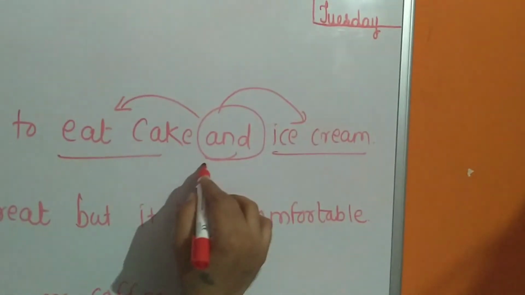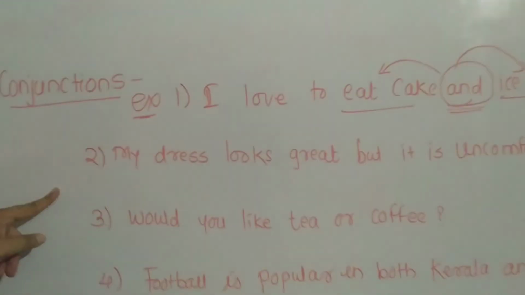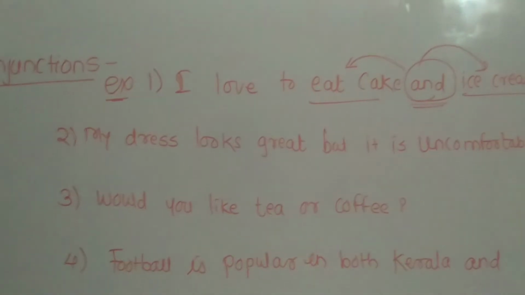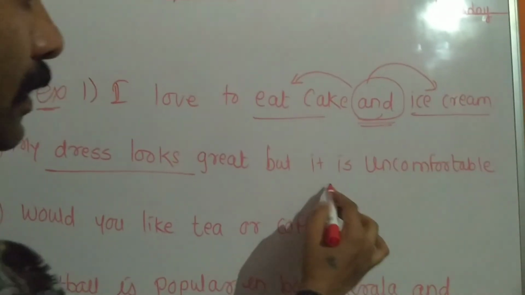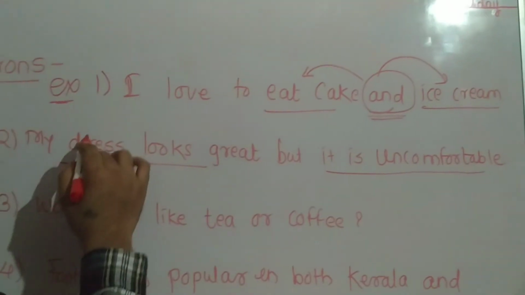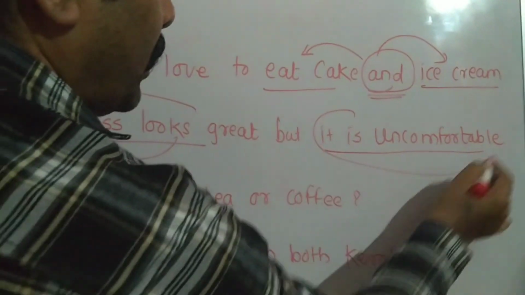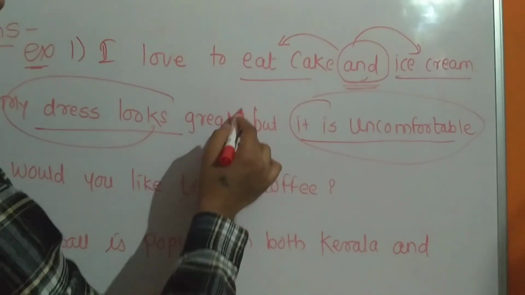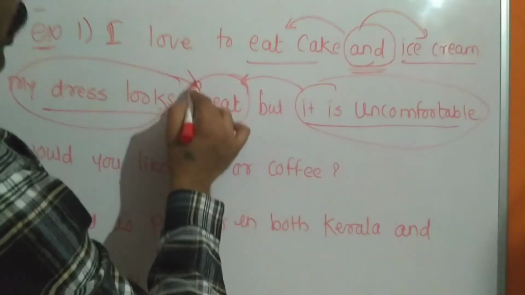That's why and is a conjunction. The second example is: my dress looks great but it is uncomfortable. The word but joins these two parts.